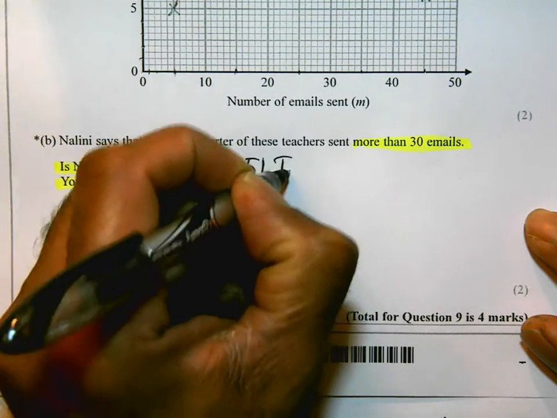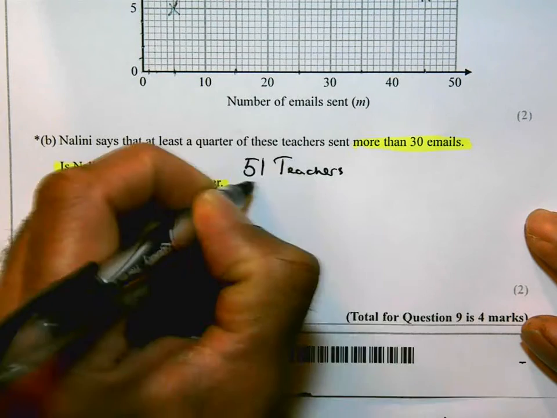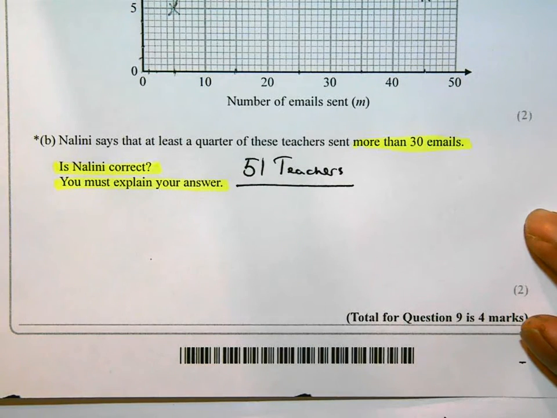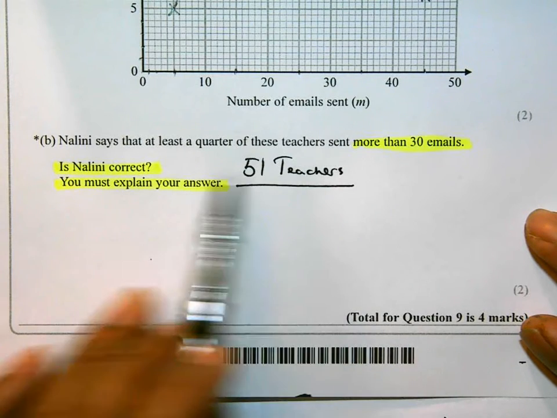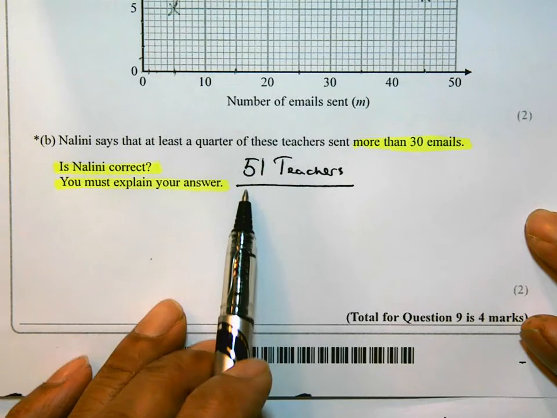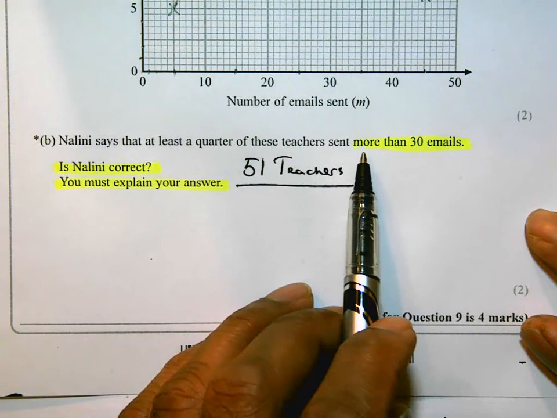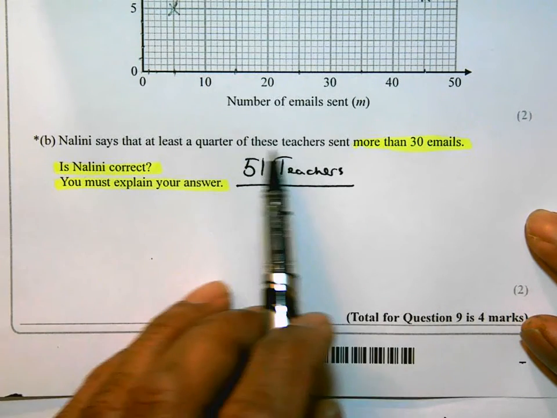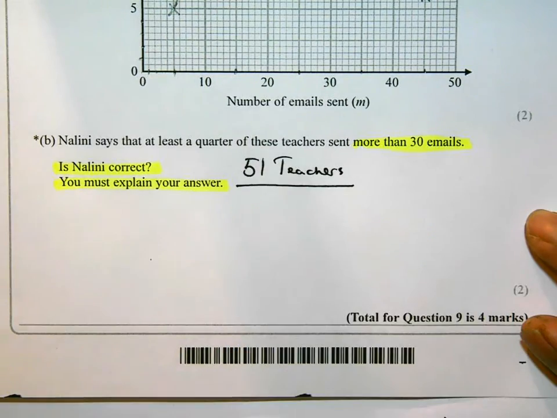But given that there are 51 teachers altogether, when we work out our fraction, we need to think about how many teachers there are altogether. At the same time, she said at least a quarter of the teachers sent more than 30 emails. So if I went back to my table at the top, how many teachers sent more than 30 emails?